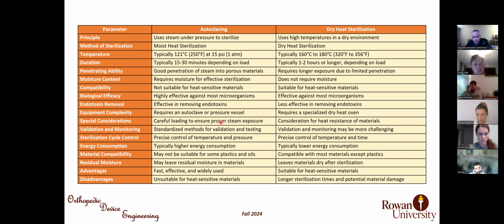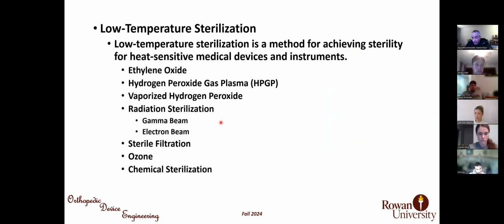This is a comparison between these two techniques, but currently, especially in developed countries, they have moved to low temperature sterilization. They have different methods: ethylene oxide, hydrogen peroxide, gas plasma, vaporized hydrogen peroxide, radiation sterilization using gamma or electron beam, filtration, ozone, or chemical sterilization.